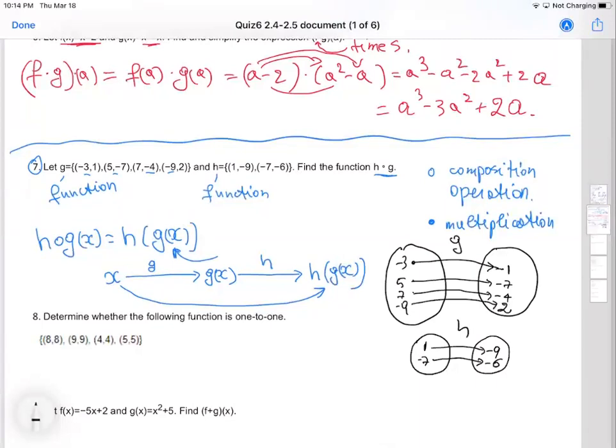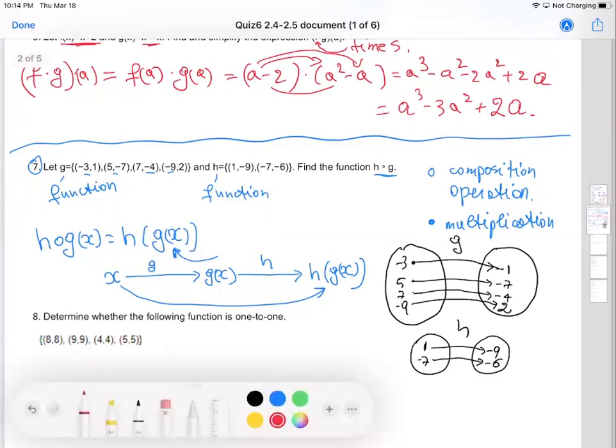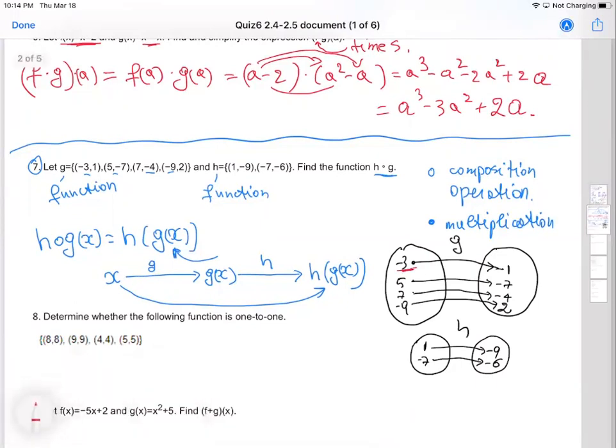When we compose a function, we've got to have this as an assembly line. If I'm starting from an x and I get the image of it to g, then h is going to pick that up. So let's see what's happening here. Let's say we're starting from -3. -3 is mapping to 1. And then look at 1.